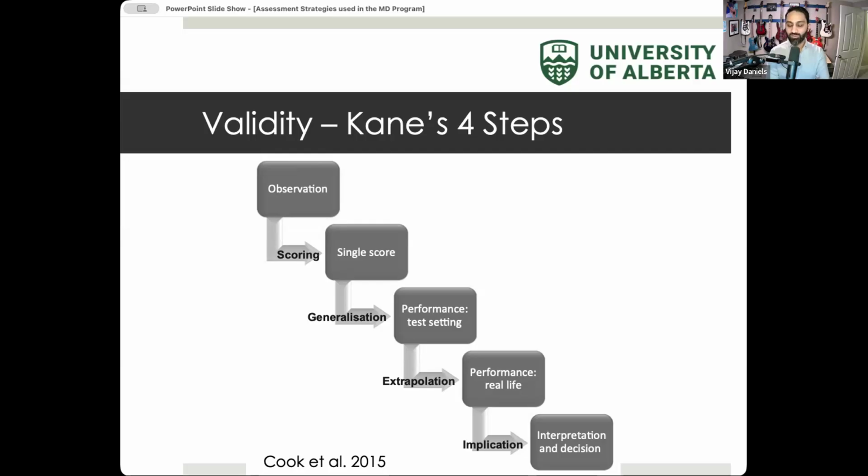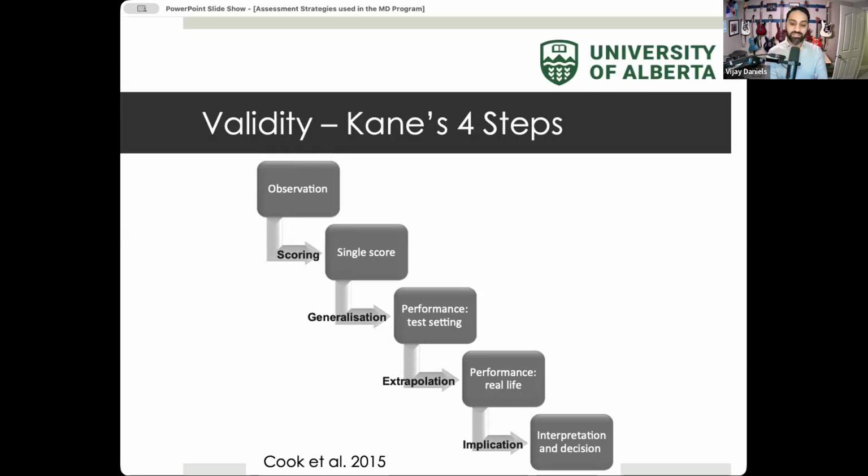If so, why are you asking them to do this in an OSCE? And sometimes the answer is time constraints, but then you need to trim down the task so it's not so overwhelming where they have to speak really fast, ask close-ended questions because they only have 6 minutes to counsel someone on their goals of care. So that's the extrapolation stage.